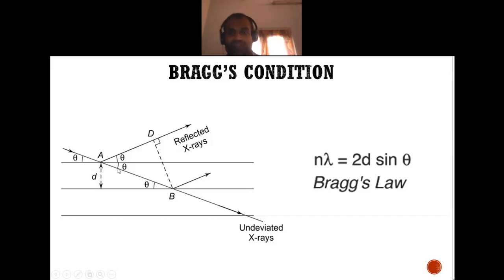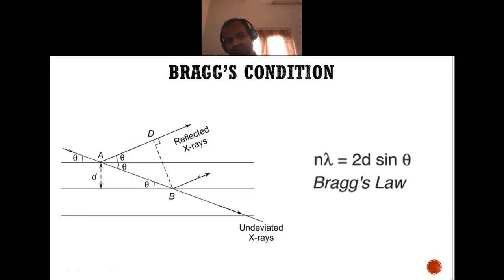So you see the ADB triangle. This angle is twice theta, because one theta is here, the other theta is here.